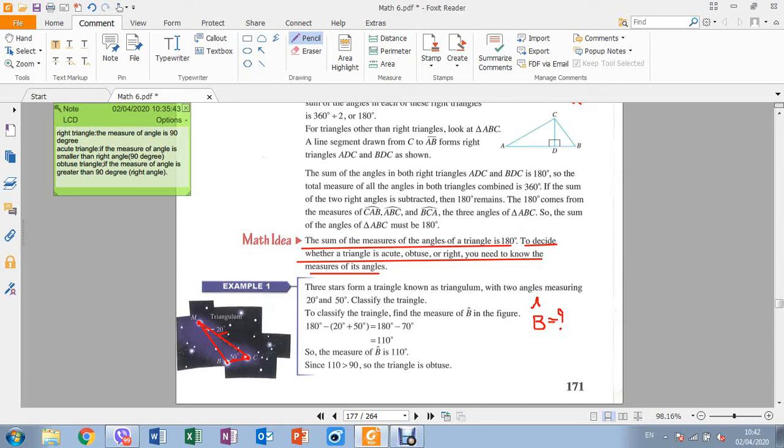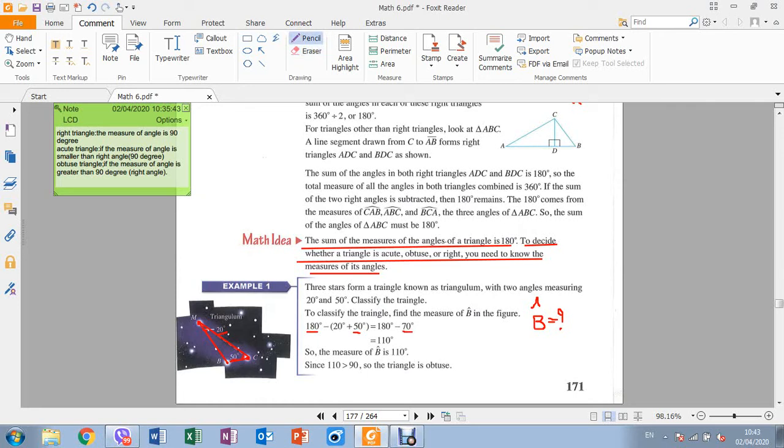We don't know angle B, but we know the measure of all the angles of the triangle is 180, so we can directly write 180. First we add these 2 angles together. 50 plus 20 is equal to 70.